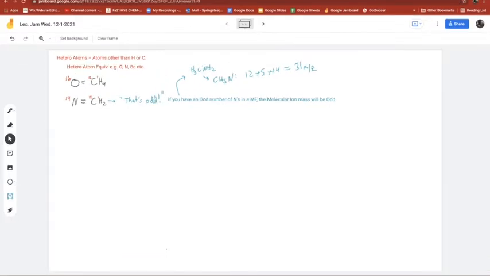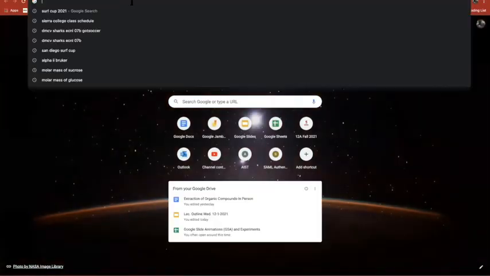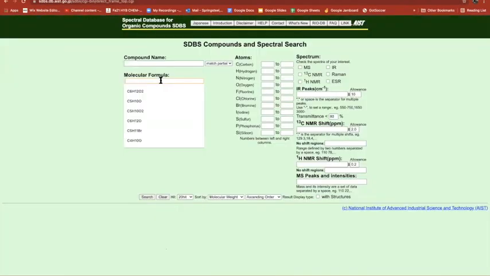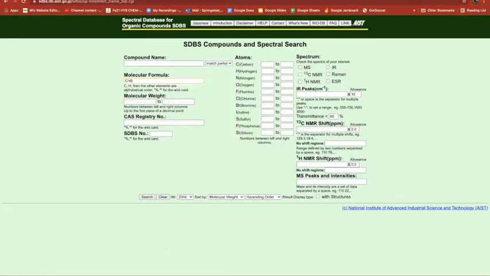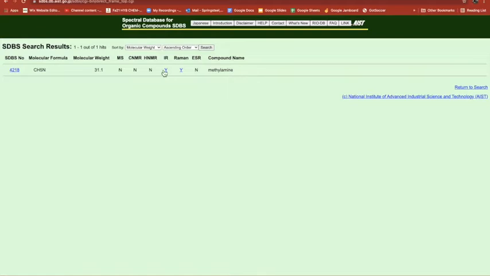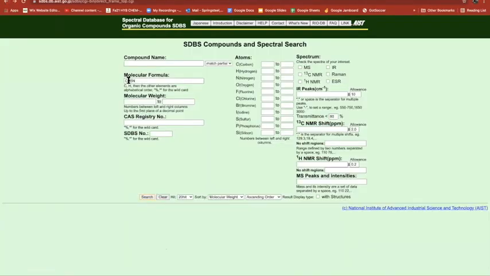Let's look real quick at some spectra. Let's see if we can find some. Let's look up this first one, CH5N, methylamine. Oh, it doesn't have the mass spec, of course. Let's go ethylamine, CH3CH2NH2.